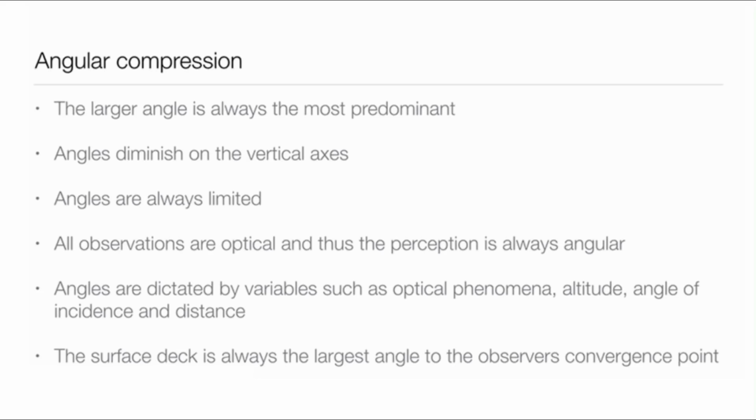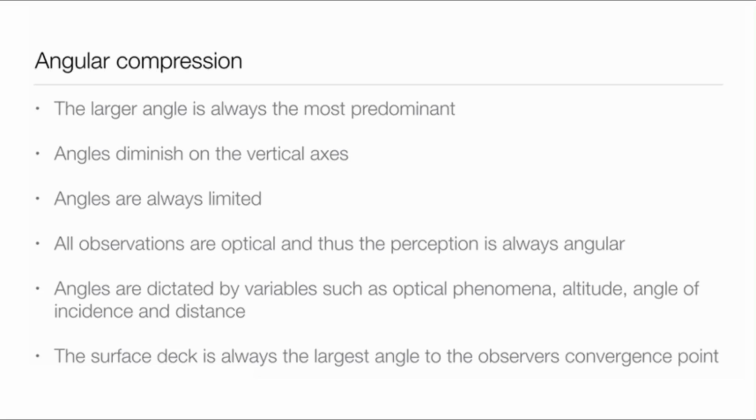The angles diminish on the vertical axis. This is what I meant: the vertical axis is you standing up and looking out into the distance. So the angle distance is you standing on the ground. The ground is obviously going to be the largest angle in the sky, but the ground is predominantly the largest angle to your observation.